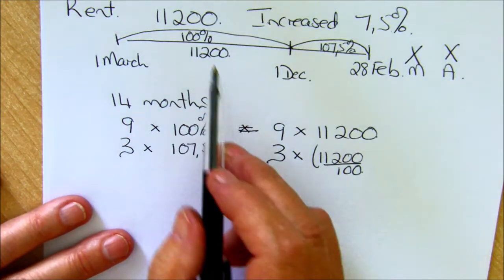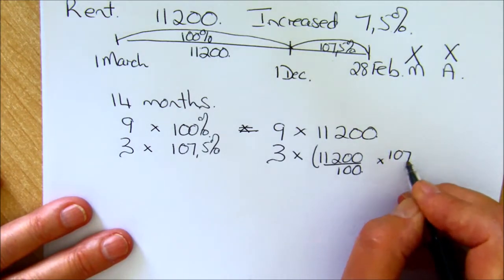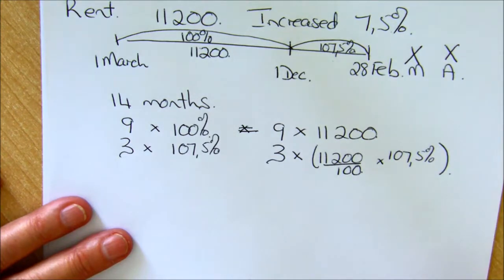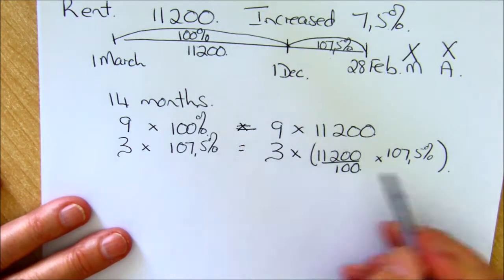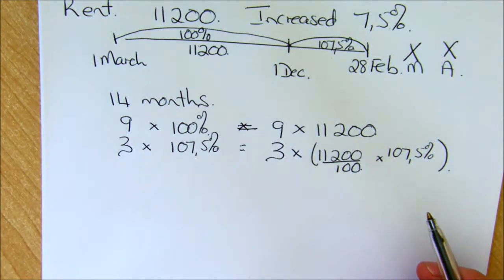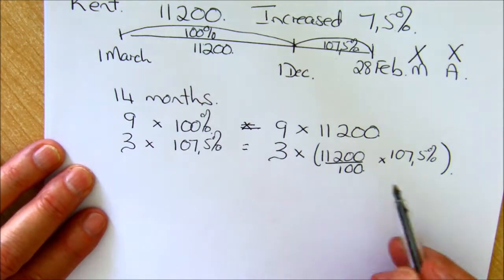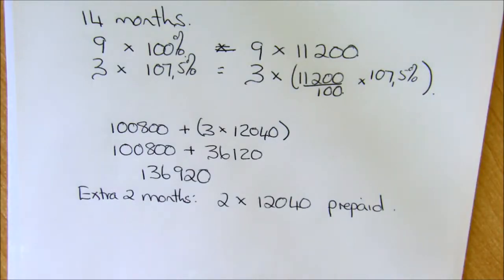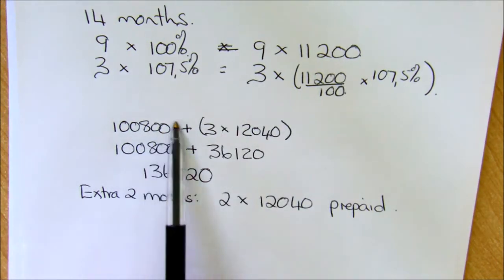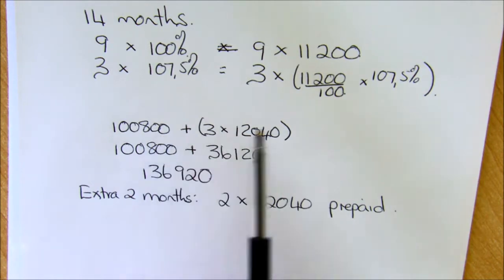The rent increased now to 107.5%. So you're going to work out, first of all, inside the brackets, what the increased rent was, and then from there, multiply by 3. Now, that means that for 9 months, 11,200, the rent that had to be paid was 100,800.